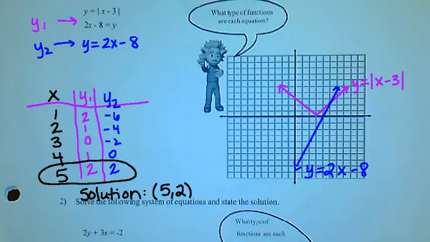So as you can see, our solution is at 5, 2. Okay, so let's circle that. There's that 5, 2. Okay, so again, I used all my points, and I graphed those on our graph.